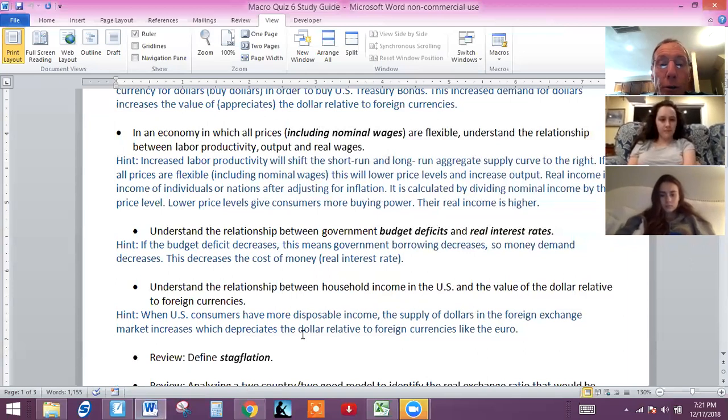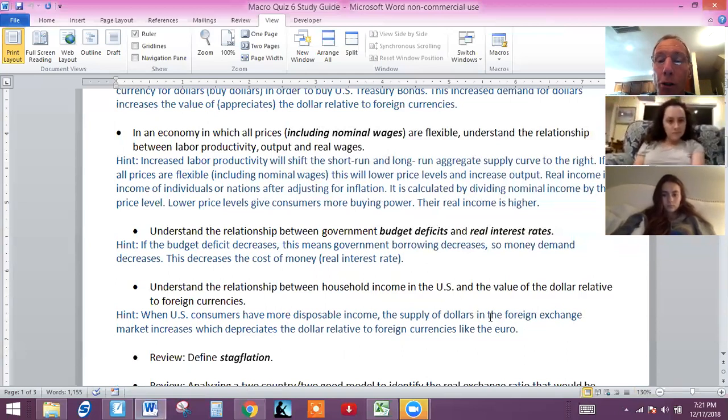When U.S. consumers have more disposable income, that does not mean the typical American consumer is going to go out and put money into the foreign exchange market. But in the macro sense, if overall household incomes in the U.S. go up, the supply of dollars in the foreign exchange market goes up, right?